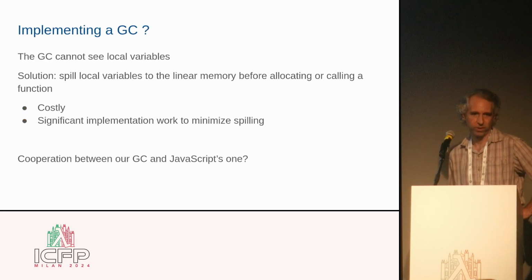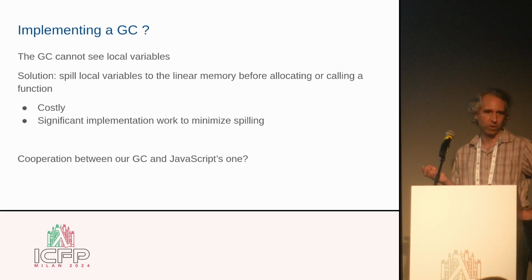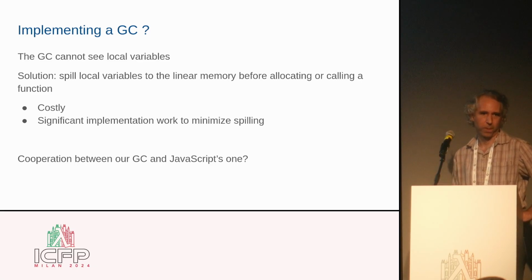The main issue is that the GC cannot see the local variables. So you basically have to spill all local variables to the linear memory whenever you allocate something or you call a function. And this can be costly. Also, it's a significant amount of work to implement this correctly and efficiently, minimizing spilling.